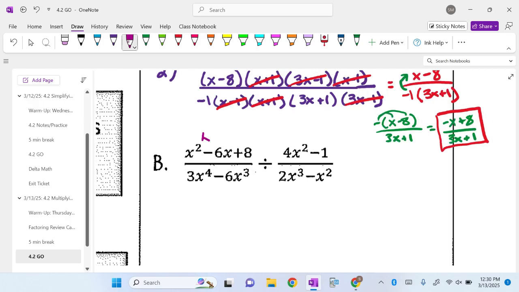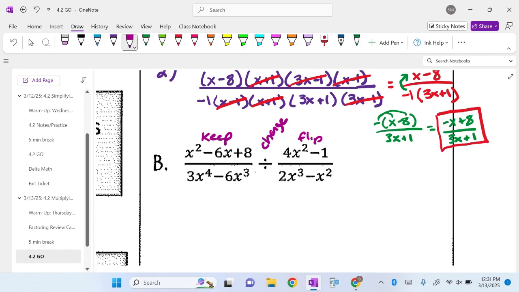So you want to keep the first, change the division to multiplication, and flip the second fraction. So just remember KCF, Kentucky Chicken Fried, keep, change, flip.